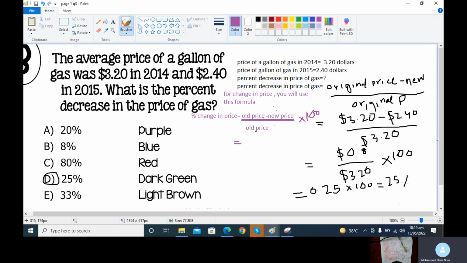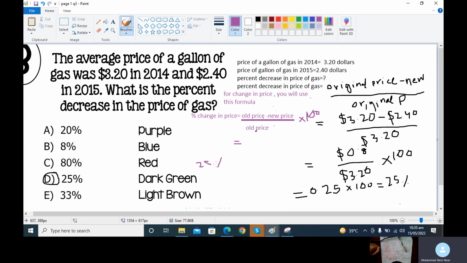If you just take 25% of $3.2, then you can also verify your steps. 25% of $3.2 will be equal to 2.4.